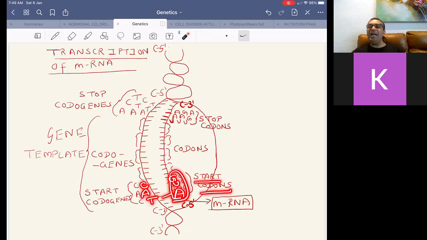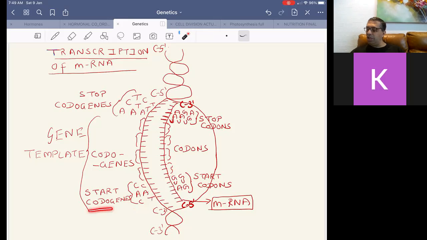Then a triplet on mRNA is called a codon. A triplet on DNA is called a codogene. So which is the start codogene?